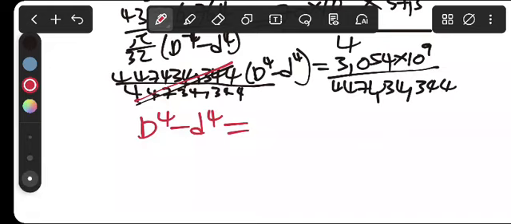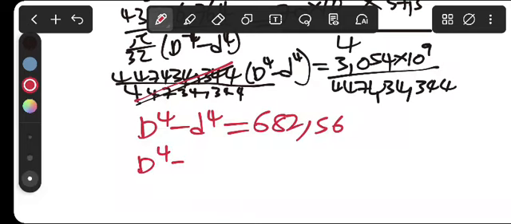Then I punch that: 3.054 times 10 to the power of 9 divided by 4.4743 times 4.344. This will be 682.56.